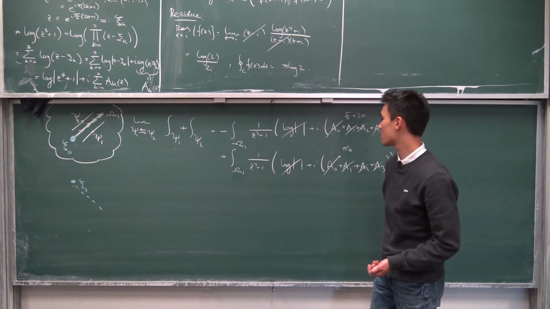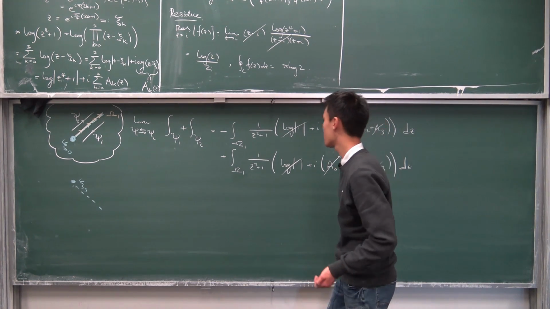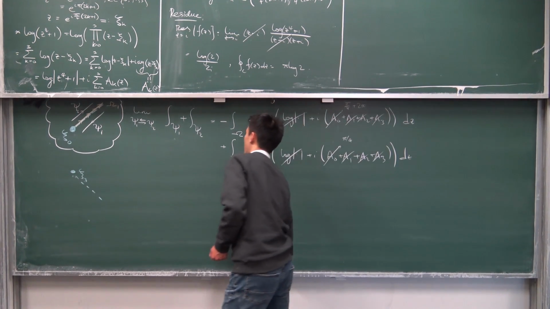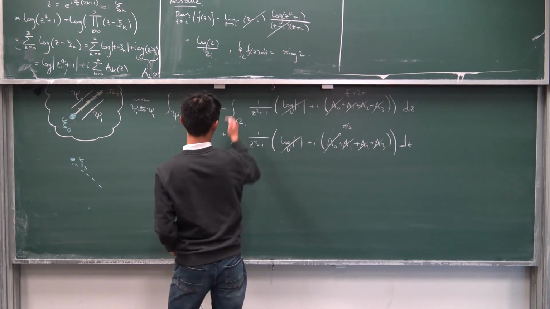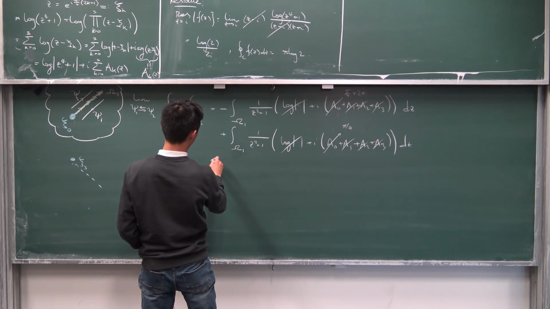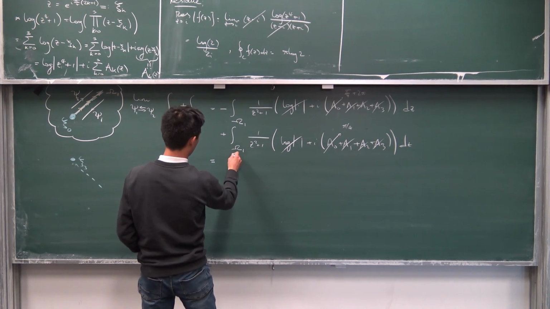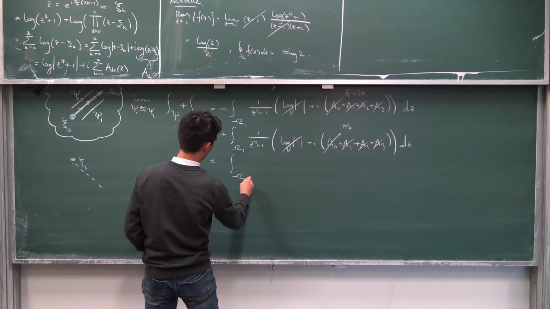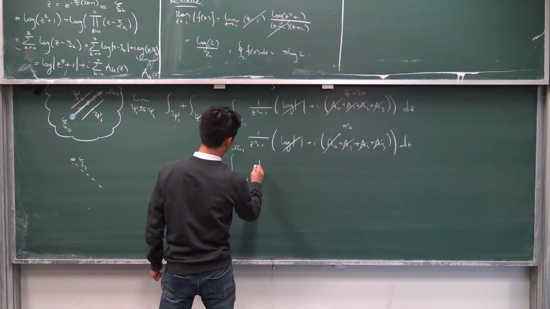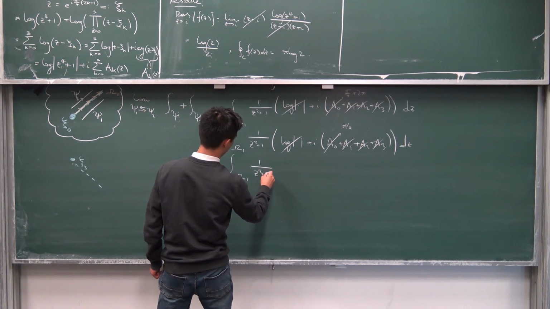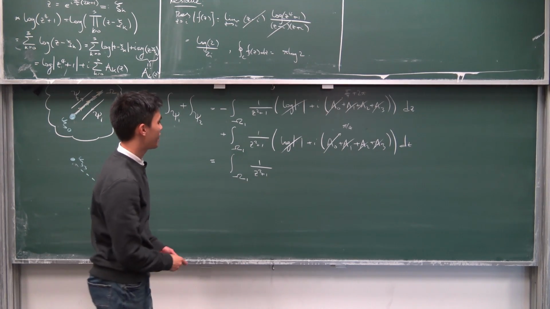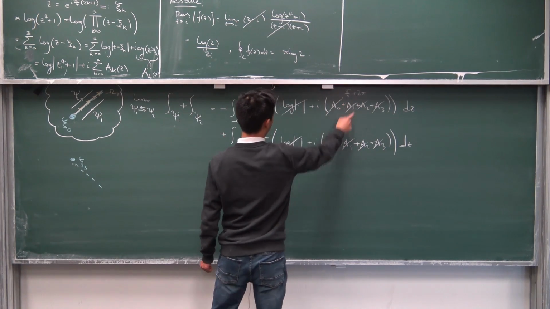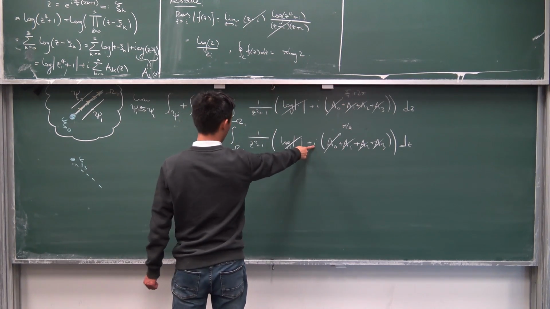And don't forget the psi here as well, that's important. So all in all, what do we get for the sum of these two integrals? This is going to be equal to the integral over omega 1 of 1 over z squared plus 1. Okay, and then we said there was a negative 2 pi here, and then we multiply by the i.